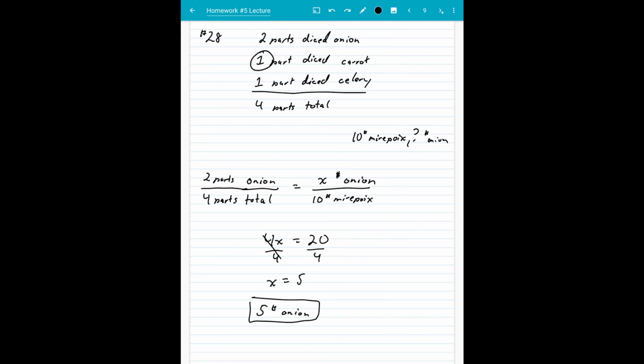Let's say you needed 20 pounds of Mirepoix, but you need to figure out how many diced carrots you needed. Well, that would be 1 out of 4 of the total, so it'd be 1/4 of 20. So that would be 5 pounds of diced carrot. It would also mean 5 pounds of diced celery.